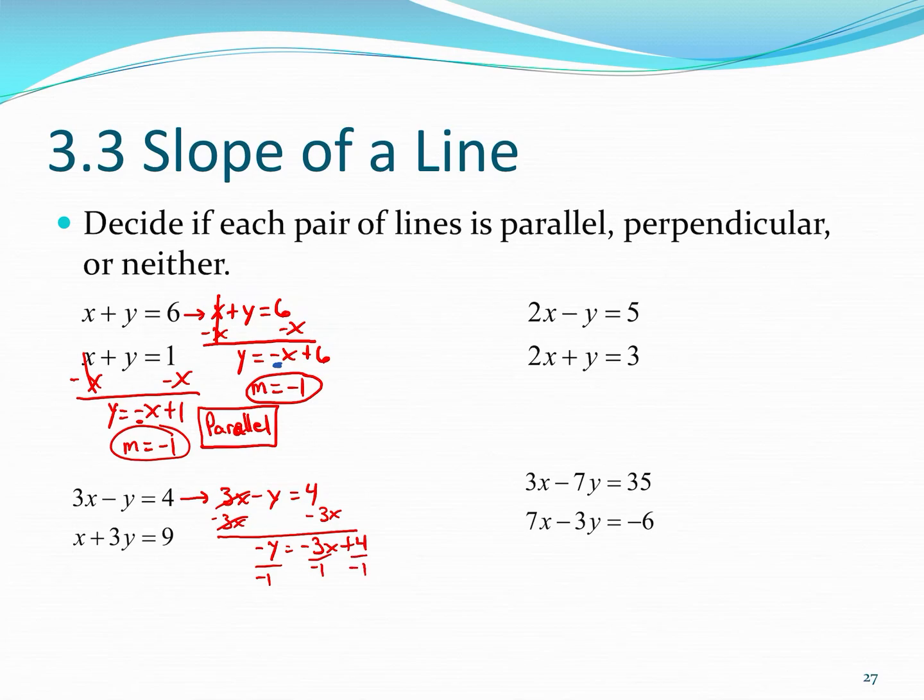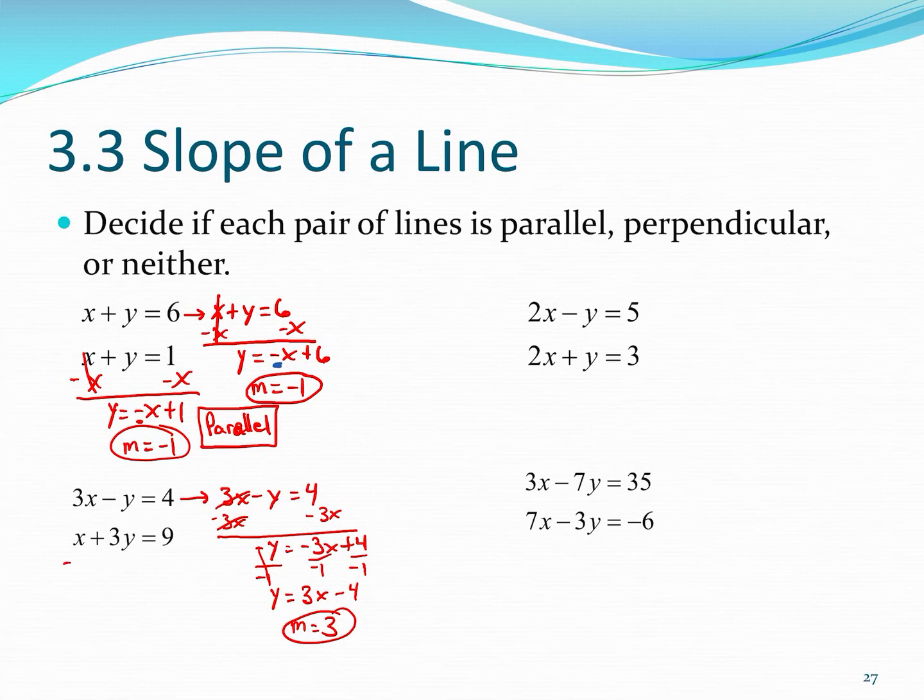And then we're going to divide by negative 1. And so the negative y divided by negative 1 makes that a positive y. Negative 3 divided by negative 1 is a positive 3x. 4 divided by negative 1 is a negative 4. And so again, the question is, what's the slope of that line? Well, this one has a slope of 3.